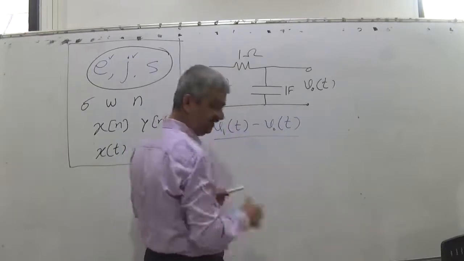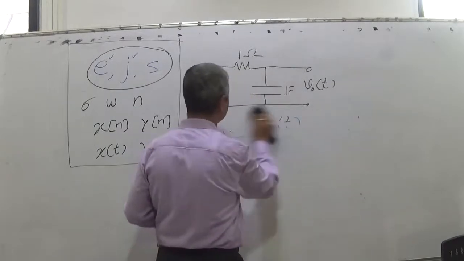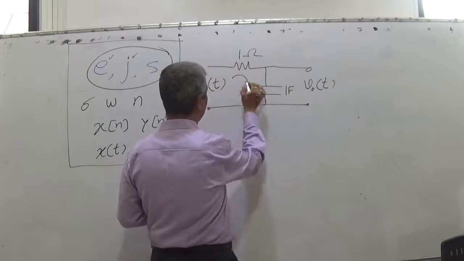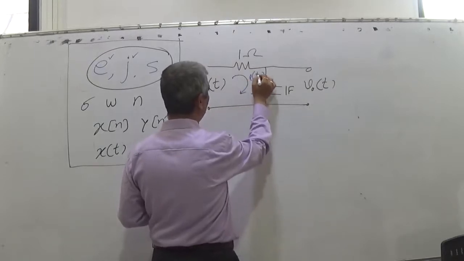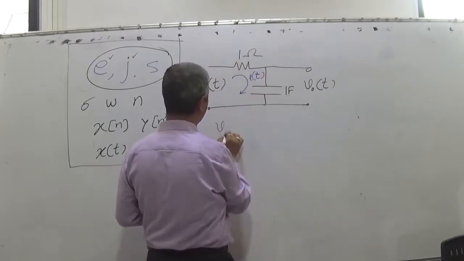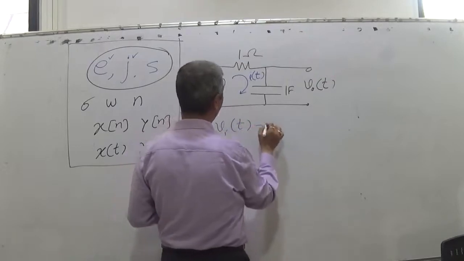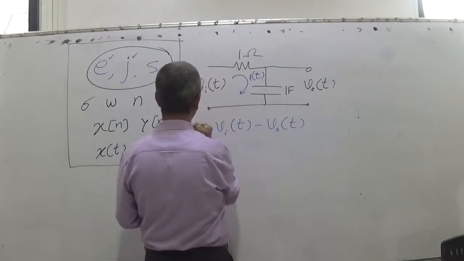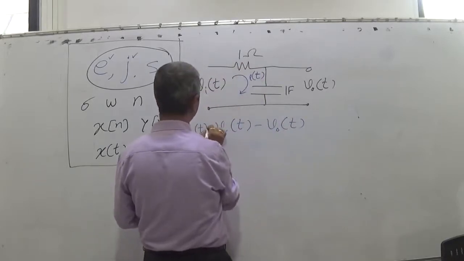This is a series circuit, and as it is a series circuit, the current will be the same, IT. So resistor current is V in T minus VOT upon R, which is 1. So it is IRT. Resistor current is IRT.